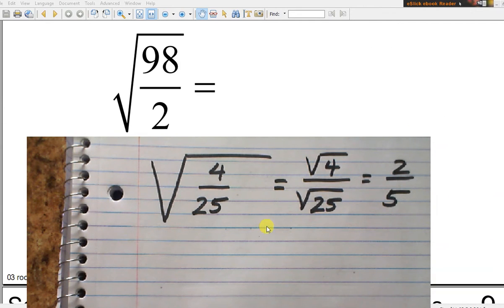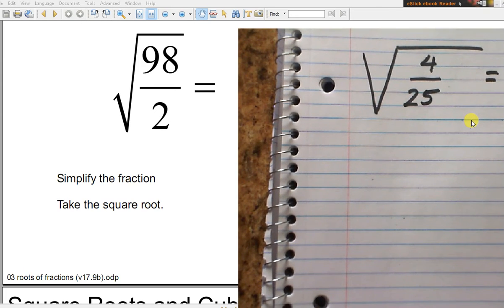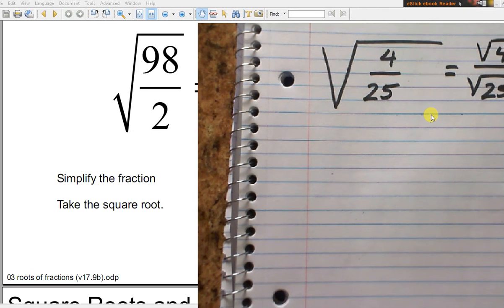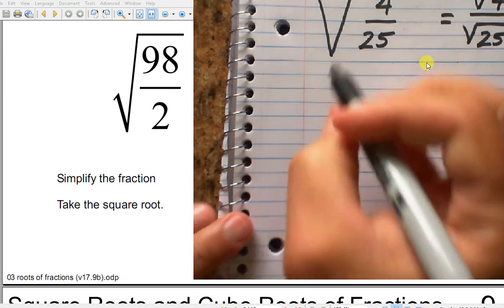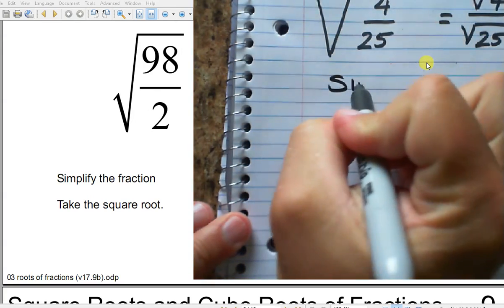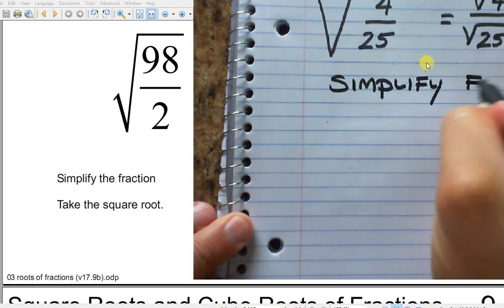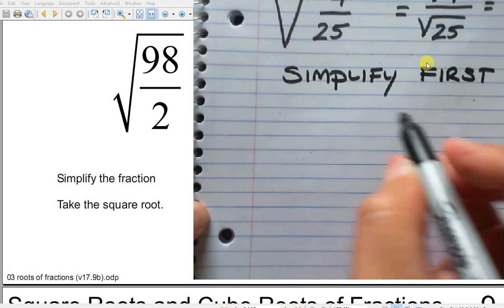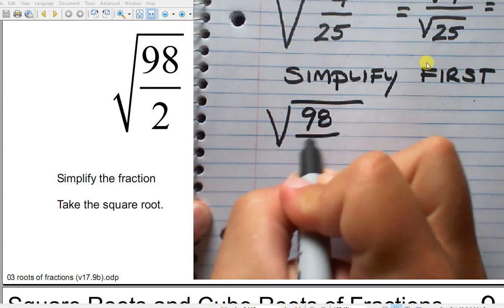So let's do a practice one here. You know what? No, this won't be practice. Before we try to take the square root, we're going to simplify down the fraction. So can we simplify 98 over 2?